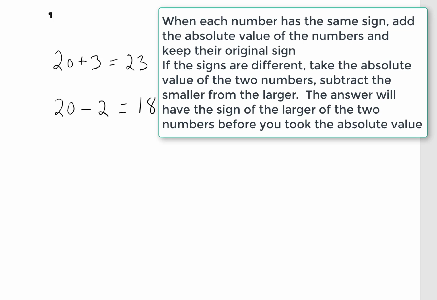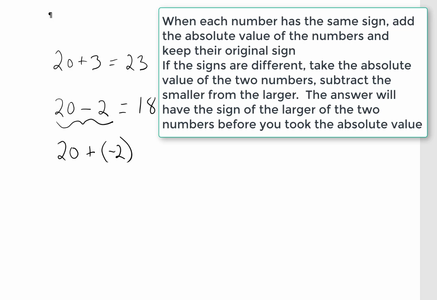So let's begin, as we started before, with just simple addition. We know that if I do 20 plus 3, I would get 23. And if I had 20 and I take away 2, that would leave me with 18. But I will contend that this statement right here is equivalent to 20 plus a negative 2. In other words, 20 minus 2 is the same thing as adding 20 plus a negative 2.